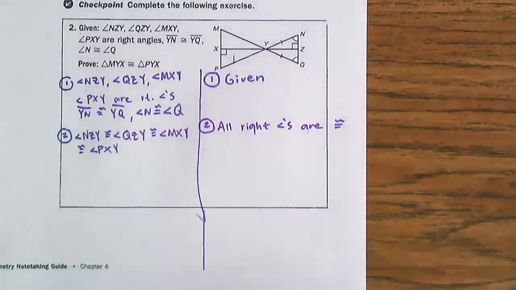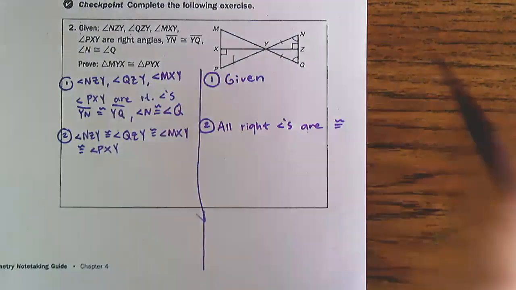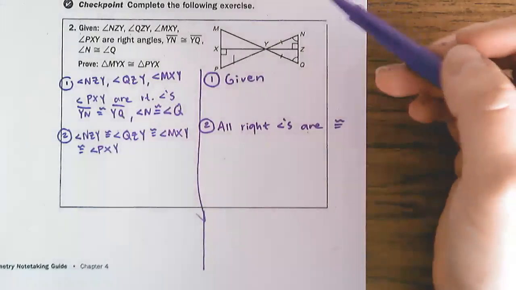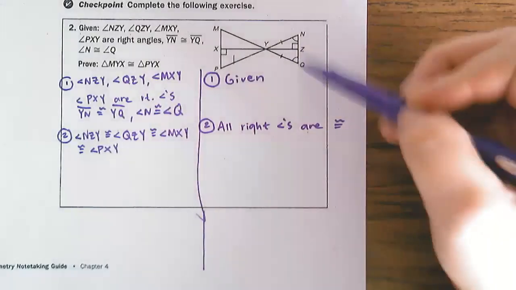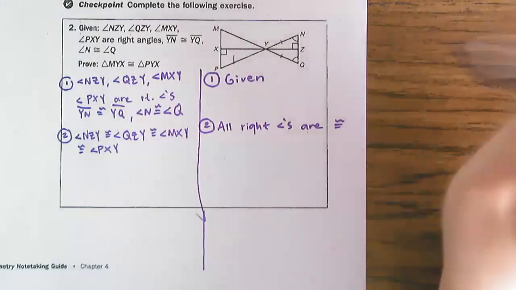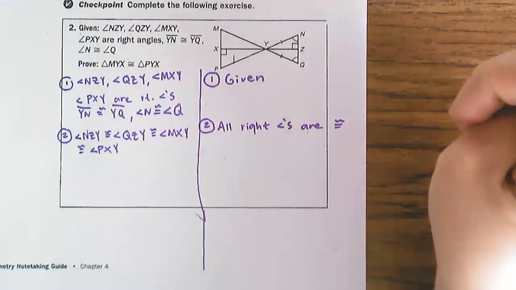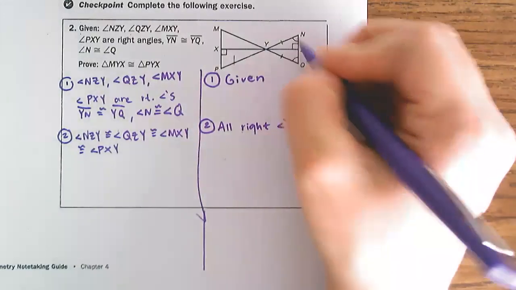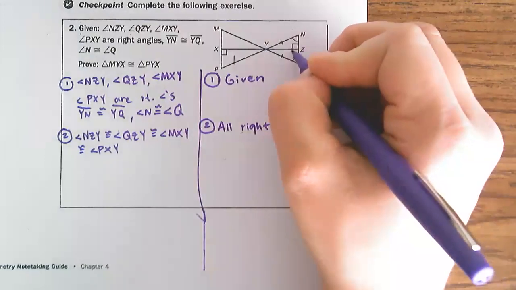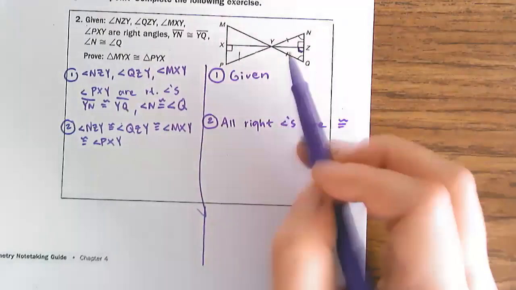Okay. So if all right angles are congruent, then what do we have for triangle congruence? We want to show that these top triangles are congruent. So how do we do that? We have this angle N and Q, right? We also have these inner angles, and we have the sides.